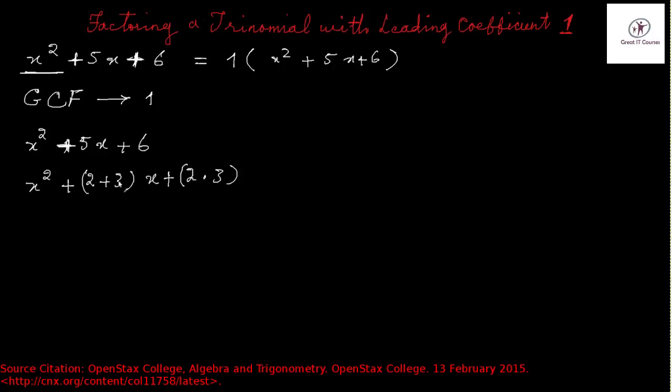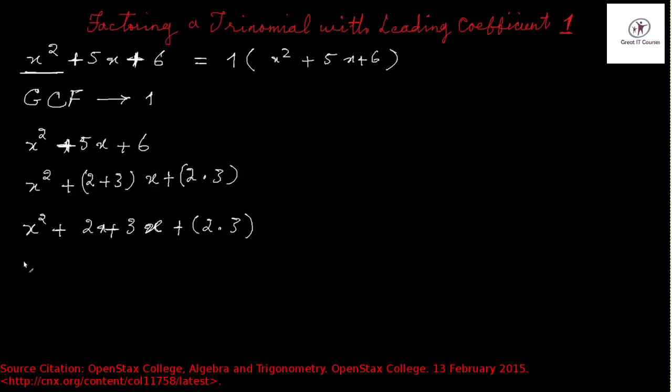Now let's distribute this x into this pair of parentheses. So that would be x squared plus 2x plus 3x plus 2 into 3. You're basically having the same polynomial but written in a slightly different way.